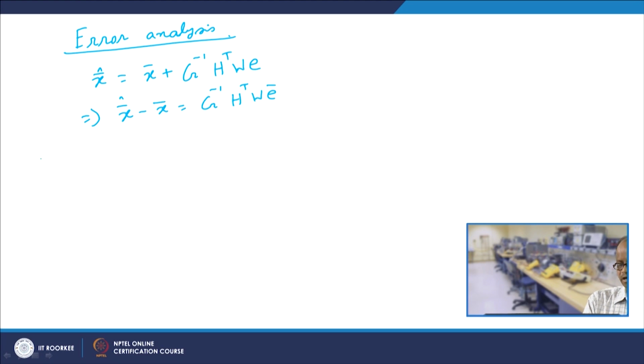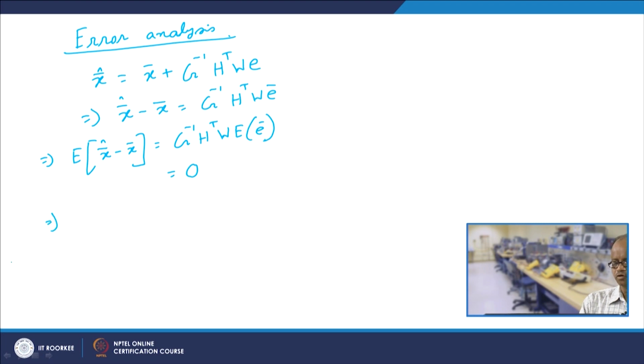Now, if we take the expectation of x bar minus x, what we get is G inverse H transpose W of expectation of E, and that we have said is equal to 0.